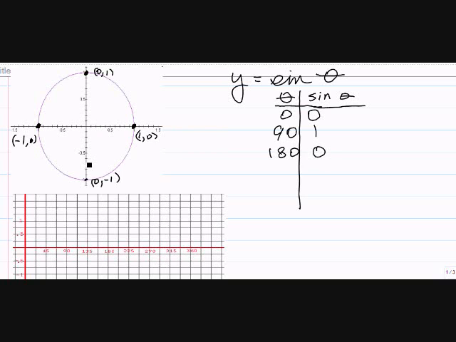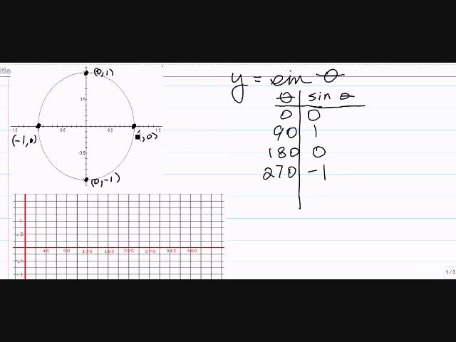Okay? Then we get down to the point 0, -1. How big is that angle? 90, 180, 270. And what is the sine? -1.